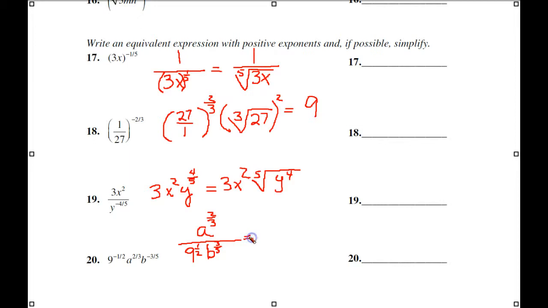Now to put that in radical form, this is going to be the third root of a squared. And now the square root of 9 is 3, and that will be the 5th root of b to the 3rd.